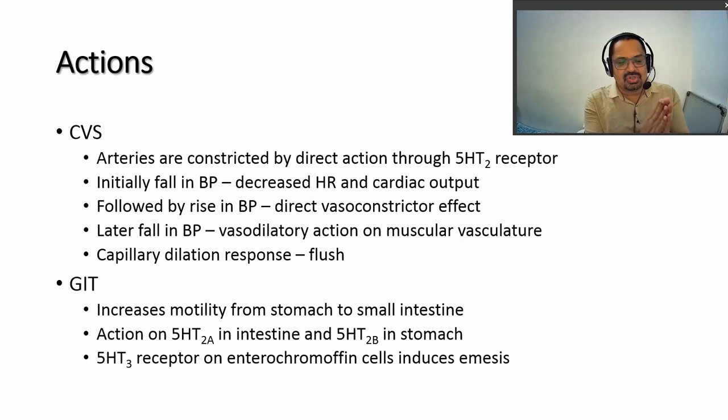So, 2A type receptor in the intestine and 2B type receptor in the stomach, due to which it increases motility. 5-HT3 receptors are also present on the enterochromaffin cells, and they produce emesis. So the emesis response of serotonin is mediated through the 5-HT3 receptor.